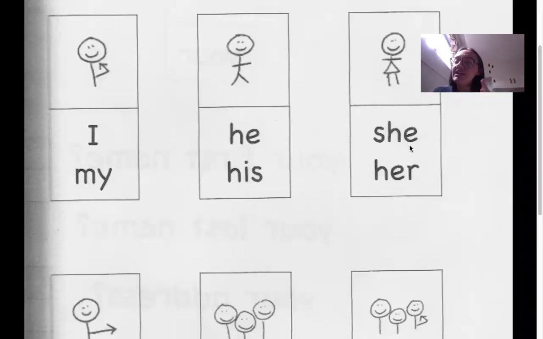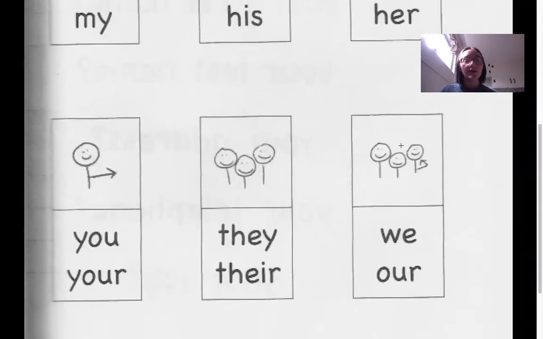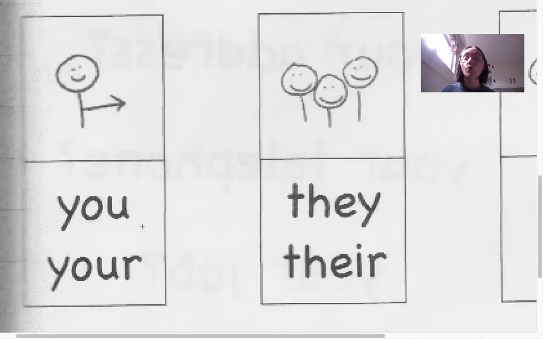You can use she or her. She and her are used for people that want to be called a woman, a girl. Now you can use the word your or you when we're talking about anybody, just another person that you are talking with one on one. You, your, it can be anybody.